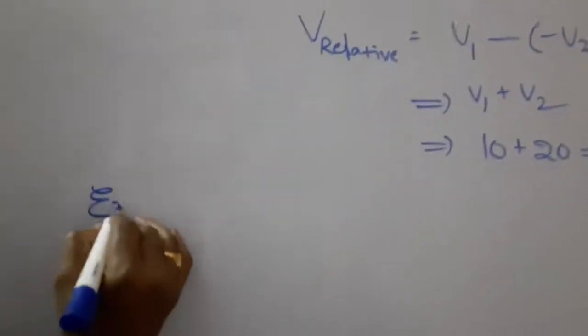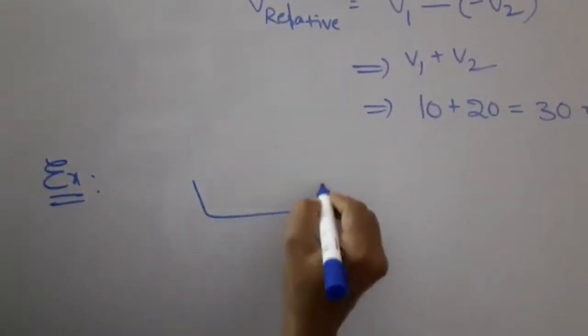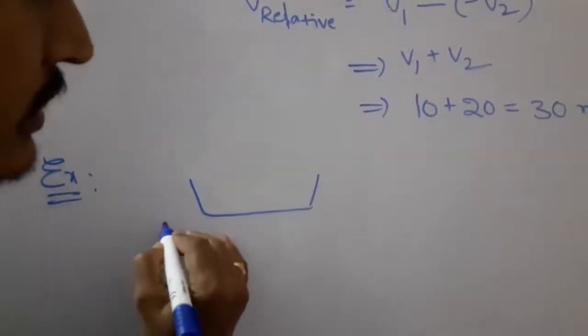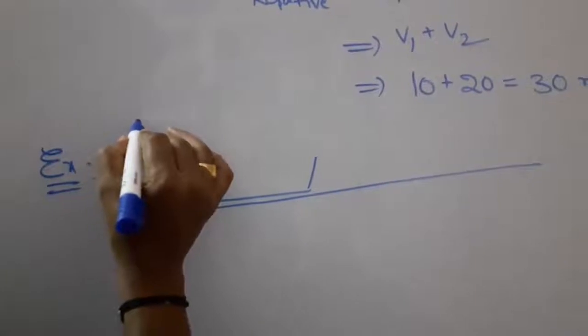Suppose here a boat is moving along the direction of the line of river flow.